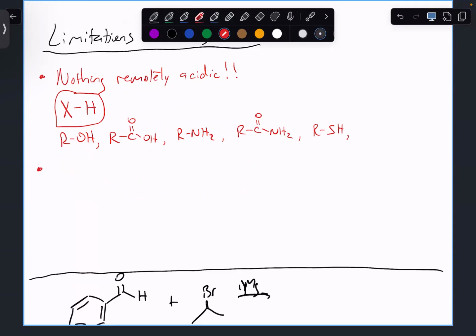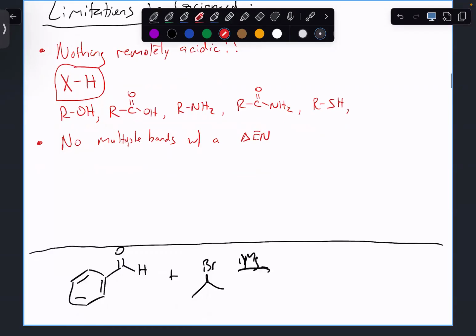The other issue is you cannot do this if your molecule has multiple bonds with a difference in electronegativity. So what would that be? Well, if you have any other C=O double bond. You wouldn't want to do this reaction if you had an aldehyde and a ketone in your molecule.